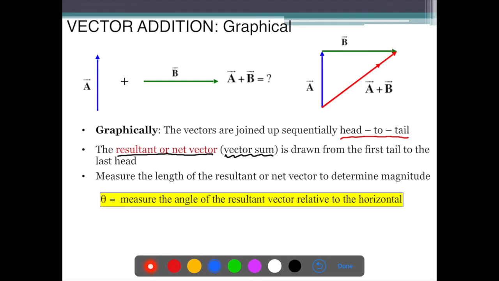The length will tell you the magnitude of the net vector. And then for the direction, you need to measure the angle relative to the horizontal axis. When we say relative to the horizontal axis, we actually mean relative to the positive x-axis.